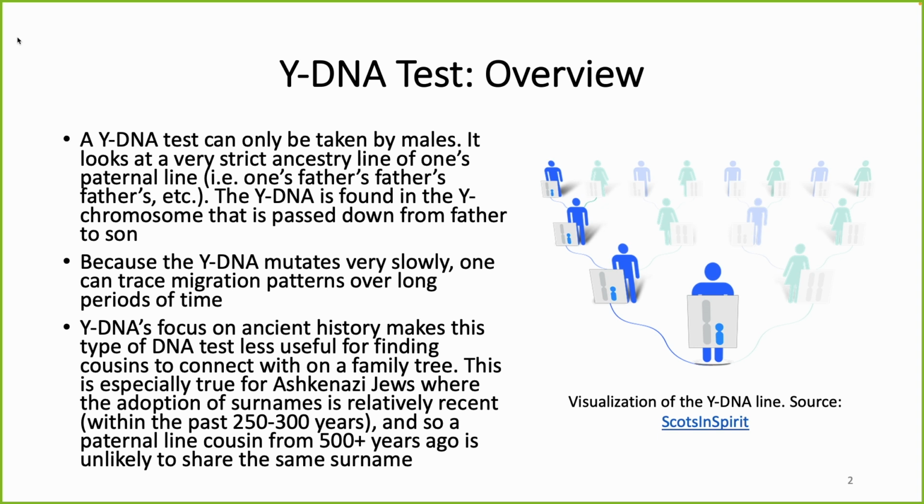It's just passed intact. However, what we do know is that the Y-DNA does mutate very slowly, and we'll talk about these types of mutations. But thanks to these mutations in the Y-DNA, we can trace migration patterns over very, very long periods of time. We're going to be talking about ancient history tonight, going back many thousands of years.